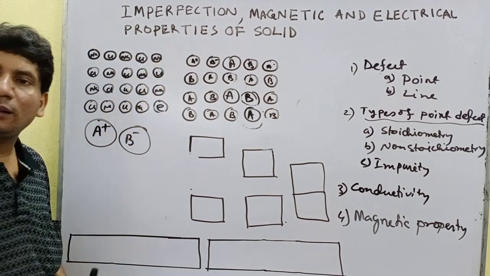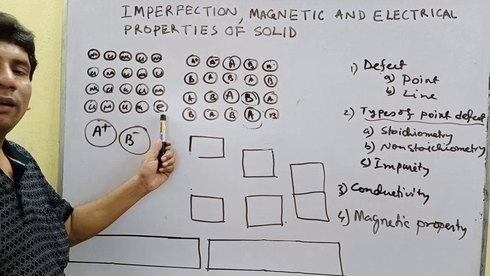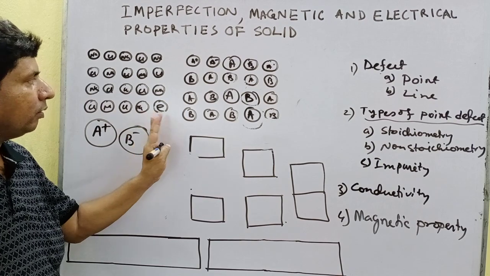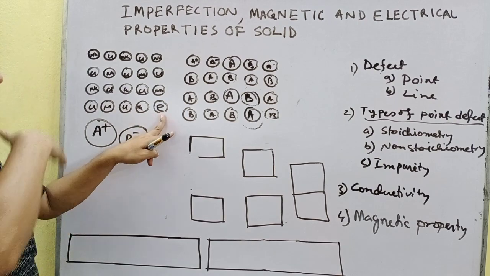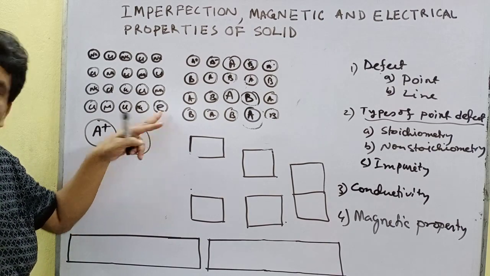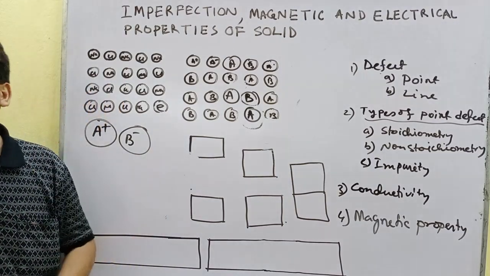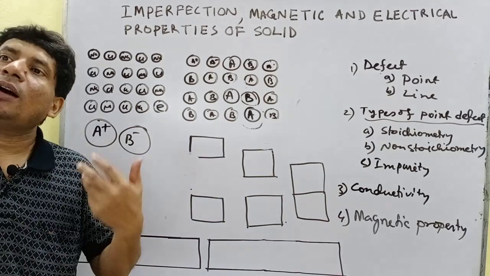If we heat the zinc oxide, oxygen is removed and the position of the oxygen is occupied by an electron. Then the number of zinc will be higher than the number of oxide ions, hence it is also a metal excess defect. And this type of metal excess defect shows yellow color.